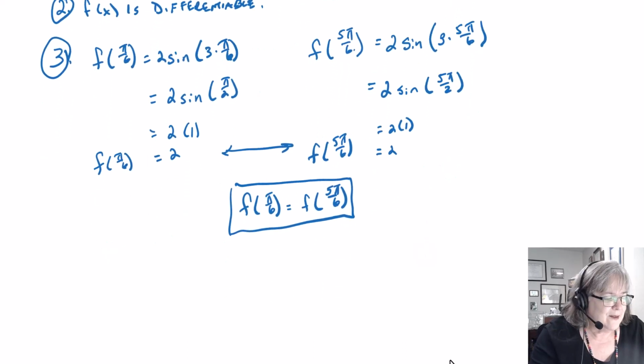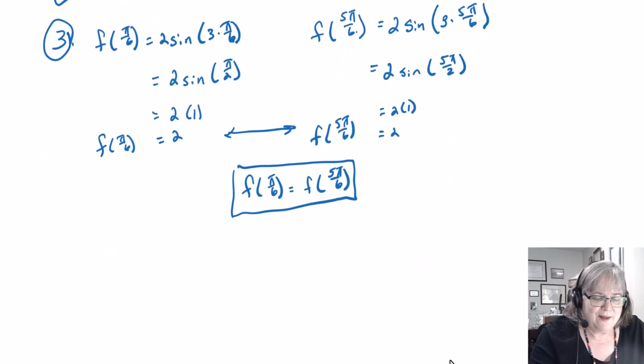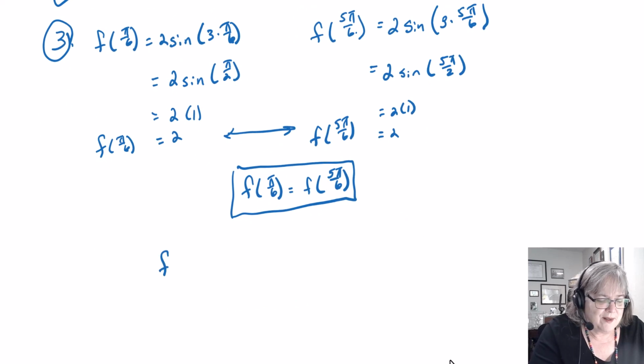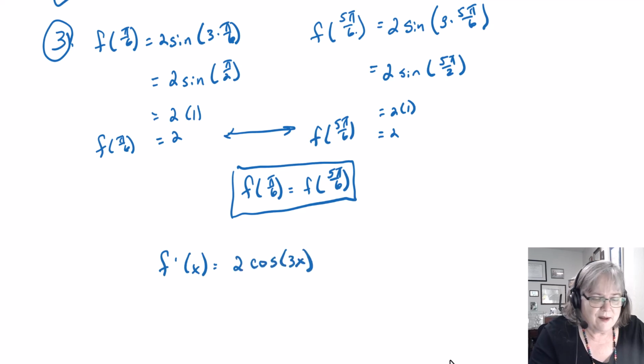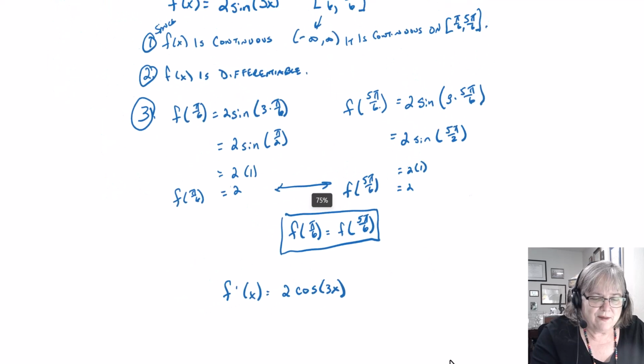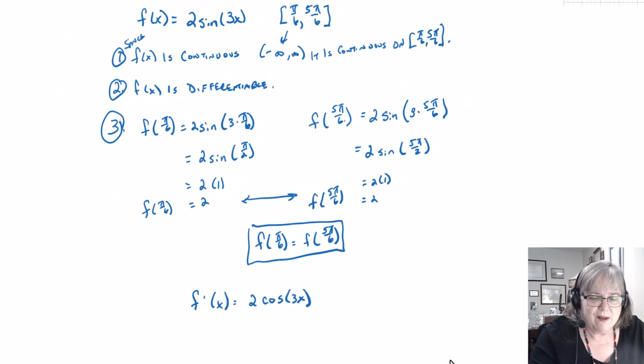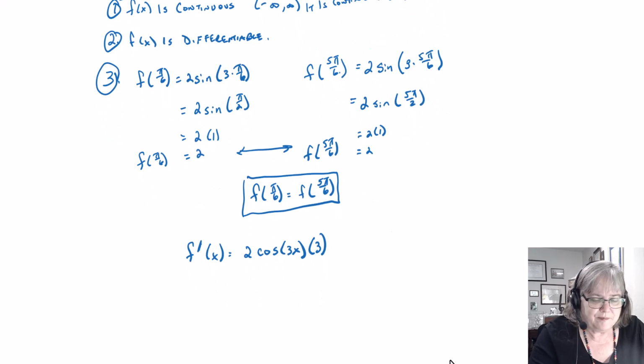Okay, now that we've got this proven, we think, according to Rolle's theorem, that there could very likely be at least one, if not more than one. So we're going to take the derivative of f. So f was 2 sine 3x, so it's 2. The derivative of sine is cosine. Leave the inside alone, loop back in, and take the derivative of the inside.